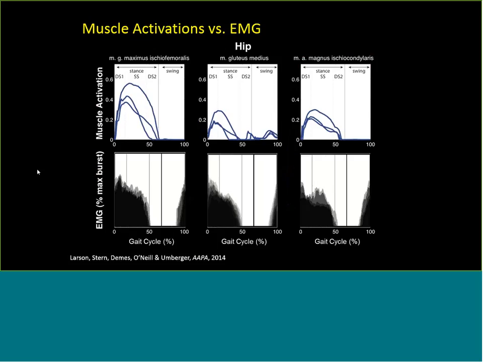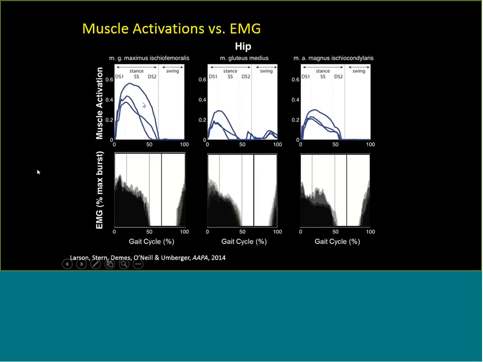Before proceeding with a muscle-based analysis, we would want to confirm that the predicted muscle activations in the models are in reasonable agreement with the timing, at least, of measured EMG data. This is just a small sampling of some of the predicted activations in the top row. Each graph has 3 lines in it. That is 1 trial from each of 3 subjects, or 1 simulation from each of 3 subjects. You can see they have a similar pattern with small differences in shape or magnitude.